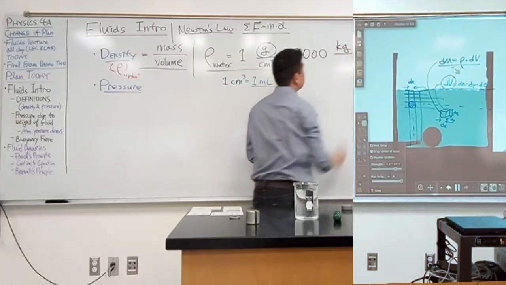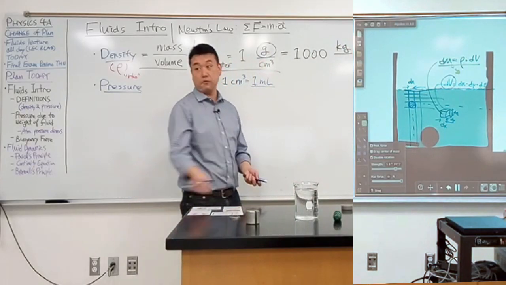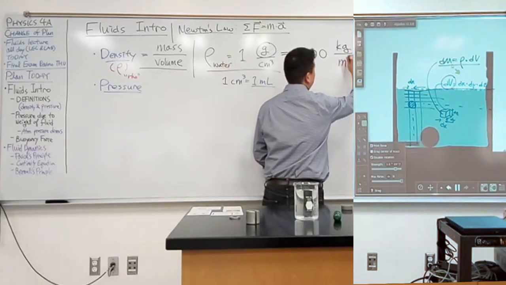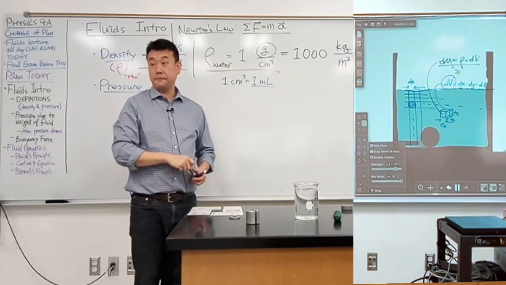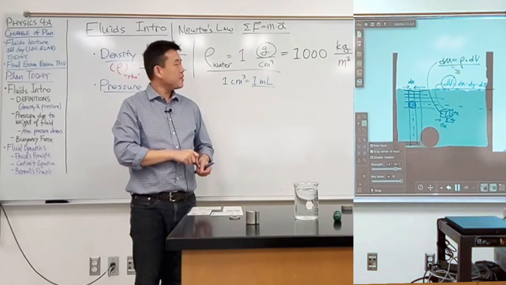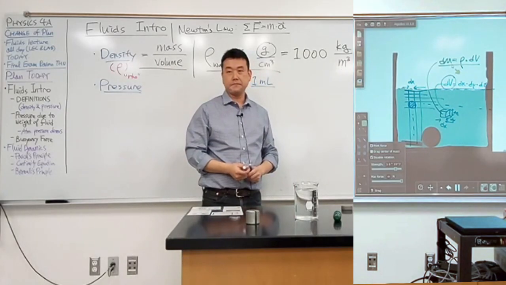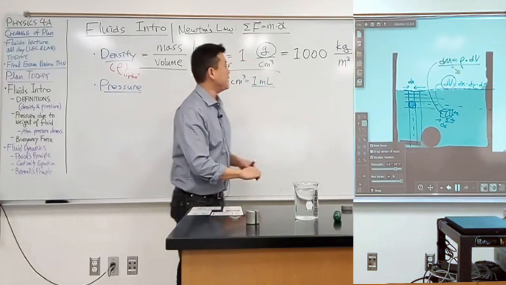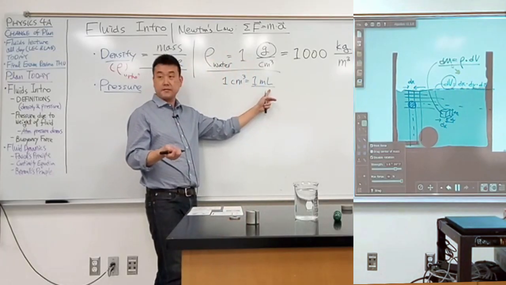Kilogram per... The base unit of length is meter. So cubic meter would be the base unit of volume. And does everyone here know how big a quantity a cubic meter is? So everyone here has some idea of what a liter is?